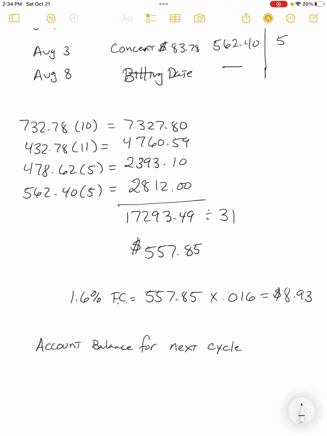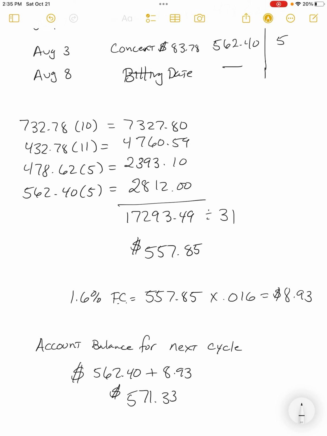That doesn't make sense. What I owe the company right now at the end of the month on August 8th, I owe them $562.40, but I had a running balance which put on an $8.93 charge. So I take my $562.40 and add the 8.93, and we get 571.33, which is exactly what they have.